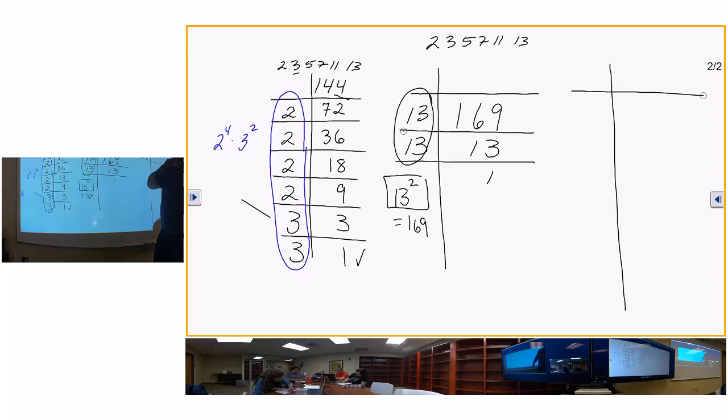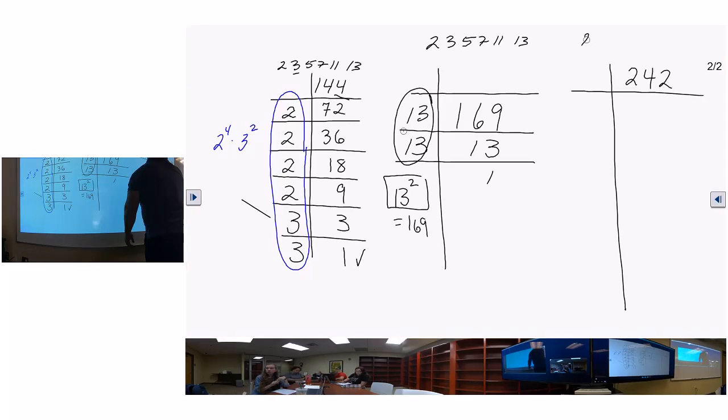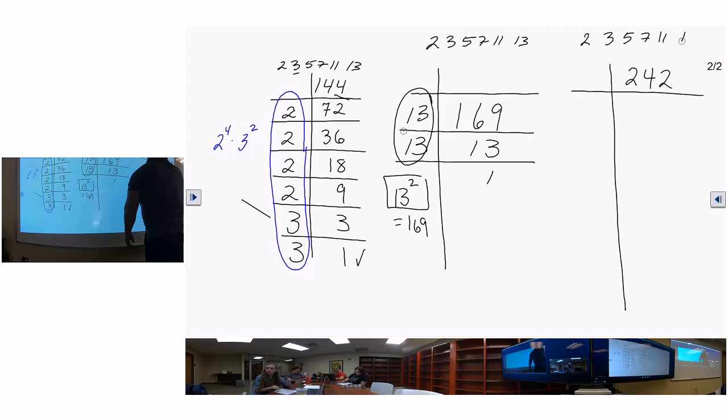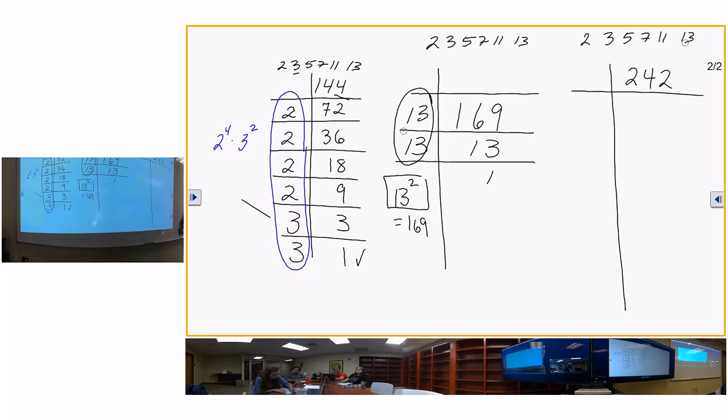Let's go with 242. 2, 3, 5, 7, 11, and sometimes 13. All right, do that one.